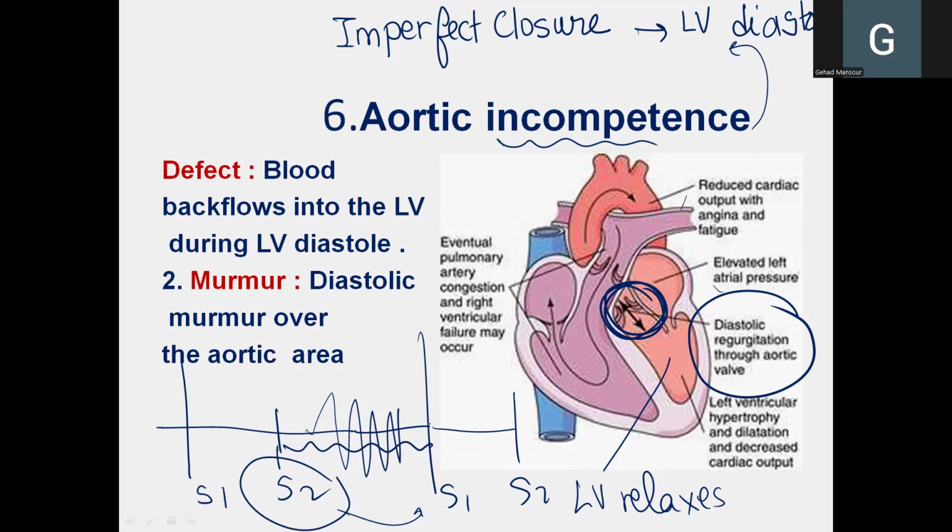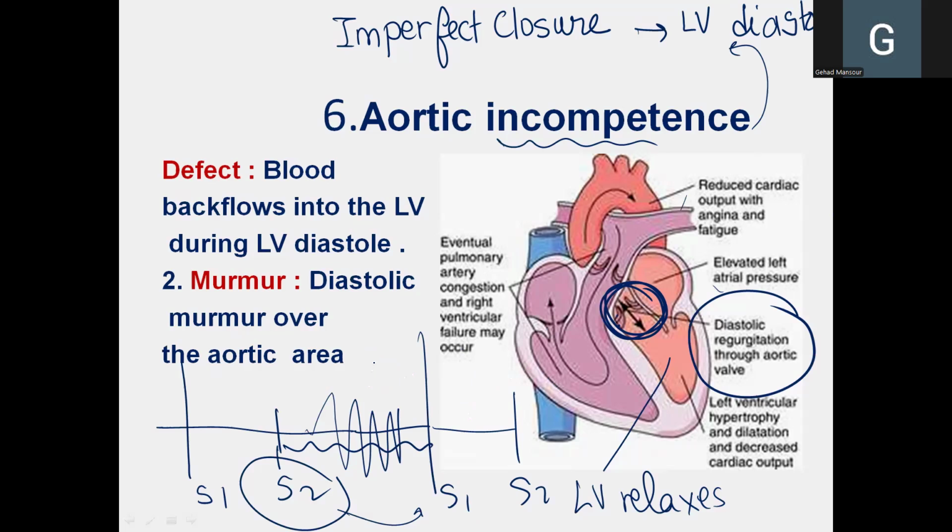We have seen other diastolic murmurs between S2 and S1 resulting from other valve diseases, when we had incompetence and regurgitation of blood during diastole, or the blood passes through a narrow valve. So in such a case, how can we differentiate between the two?